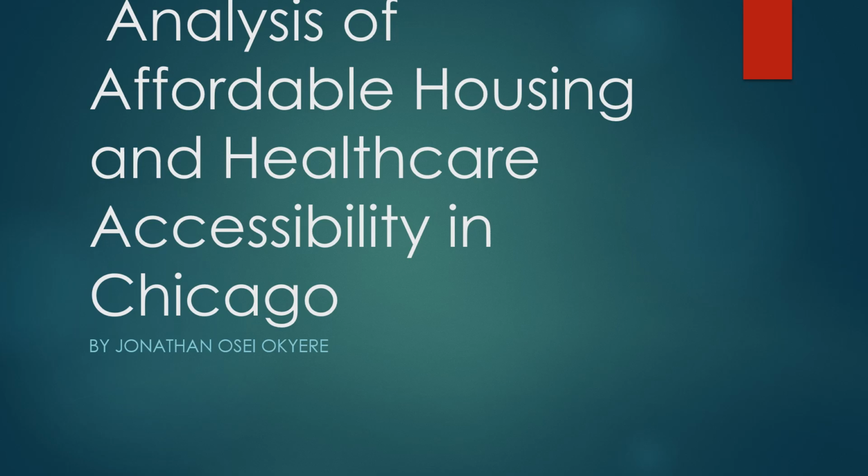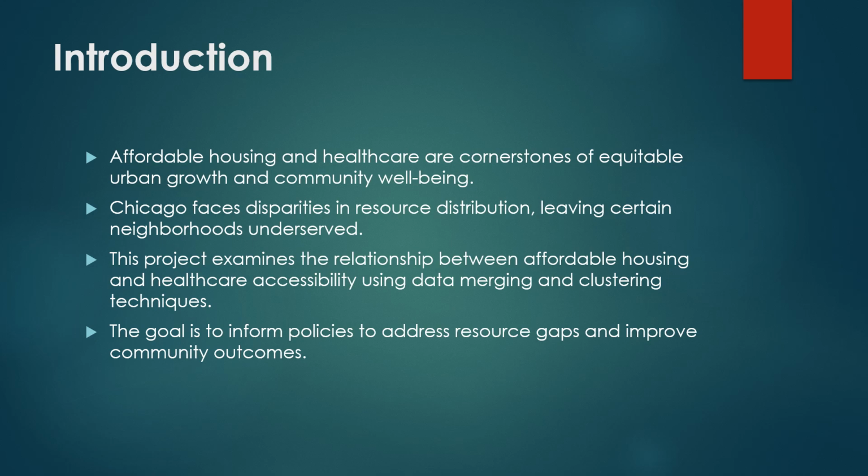Hi everyone, my name is Jonathan Hutcher, and with my project, I worked on analysis of affordable housing and healthcare accessibility in Chicago. Affordable housing and healthcare is one of the bases of a community's well-being, and Chicago often faces disparities in resources distribution when it comes to that aspect. So this project examines the relationship between affordable housing and healthcare accessibility, and I use data merging techniques and also clustering techniques.